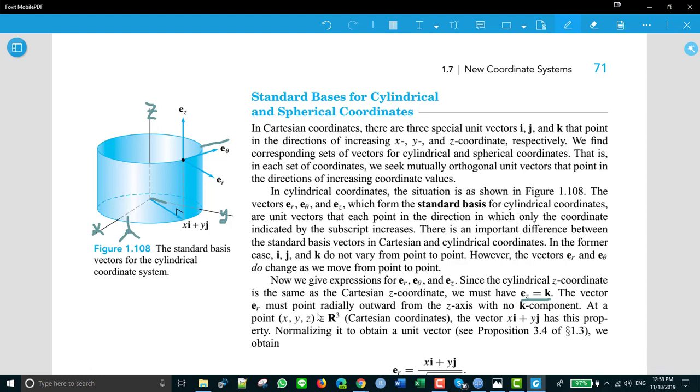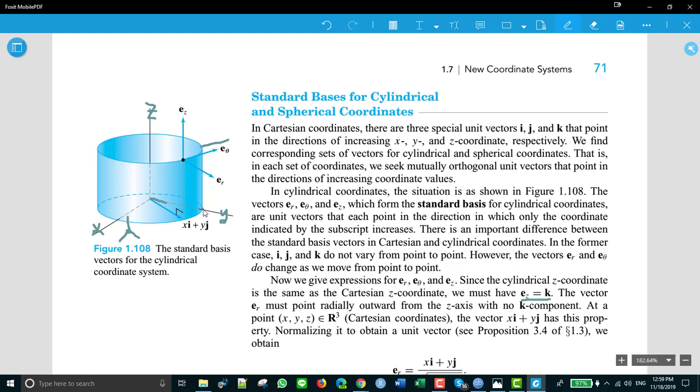And vector E sub r must point radially outward from the z-axis. That's what we said here. And we also pointed out that it would look different over here. So if we want to write this in terms of x, y, and z, we would say that R is xi plus yj.